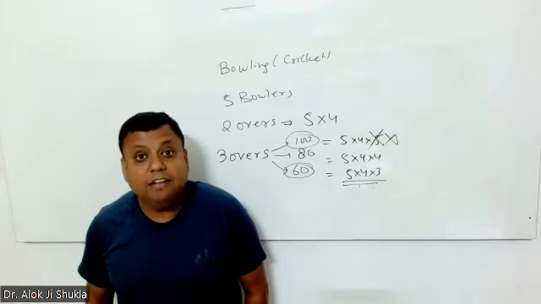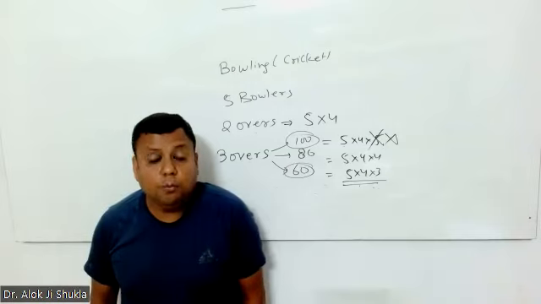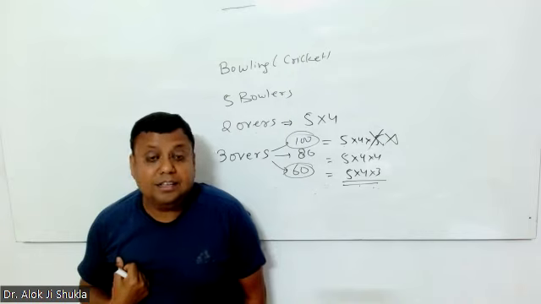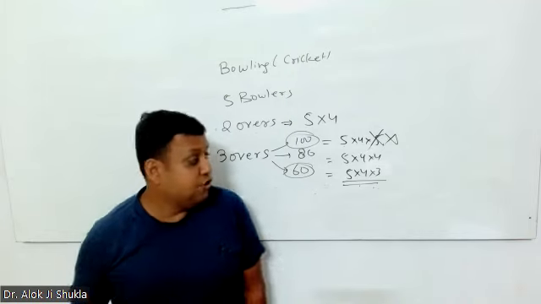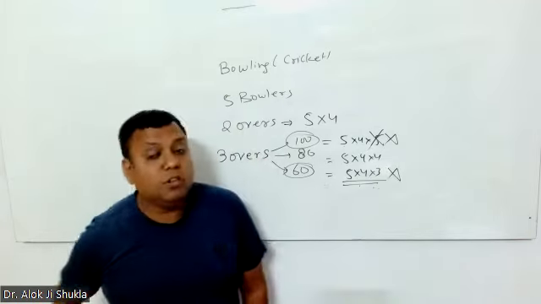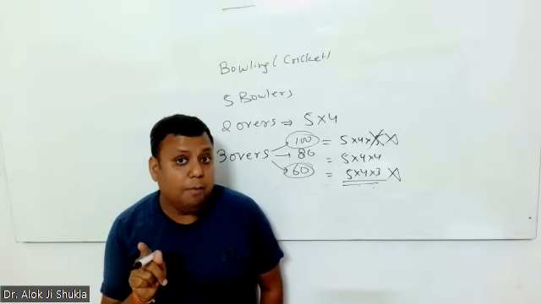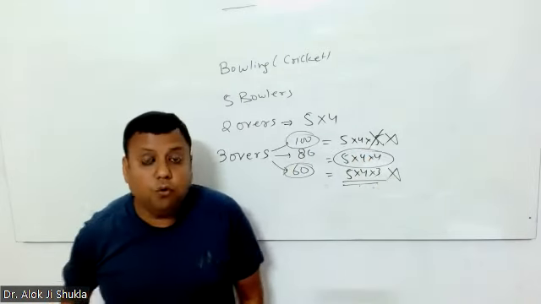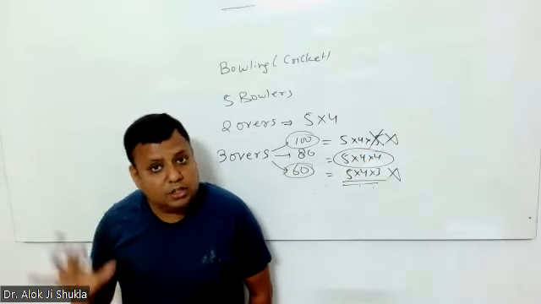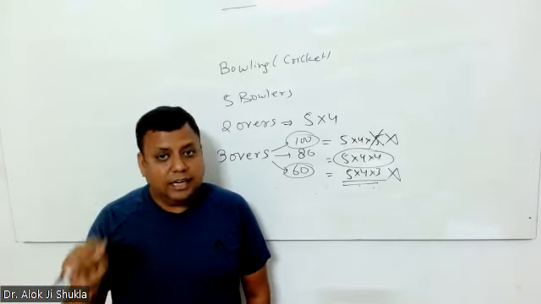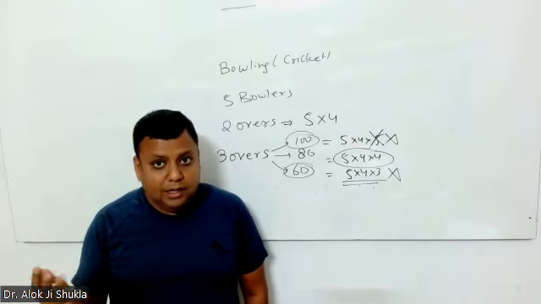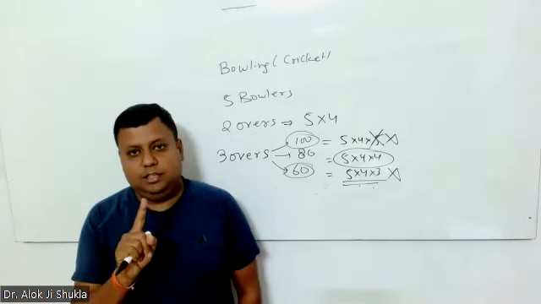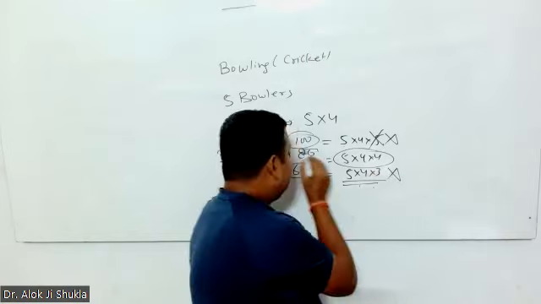What you are saying is that if I bowl the first over and Alok bowls the second over, then neither Alok nor I am allowed to bowl the third over, which is obviously wrong, because now I can bowl the third over. So the number of ways is 5 into 4 into 4, because first over 5 bowlers, second over 4 bowlers, third over 4 bowlers. The answer is 80.